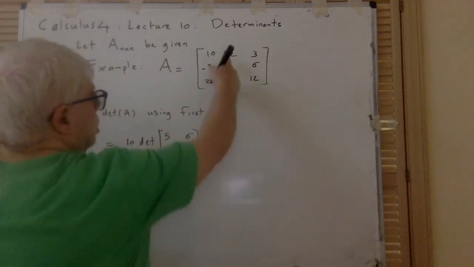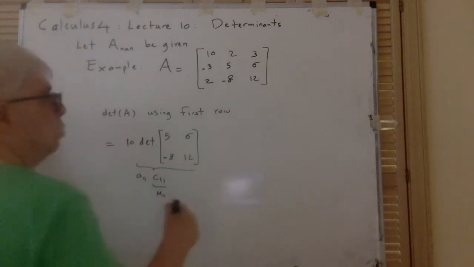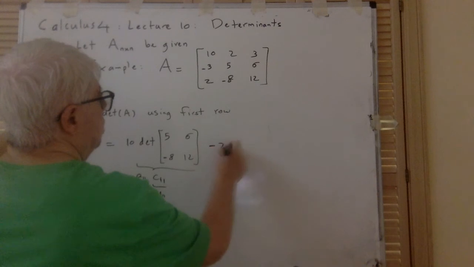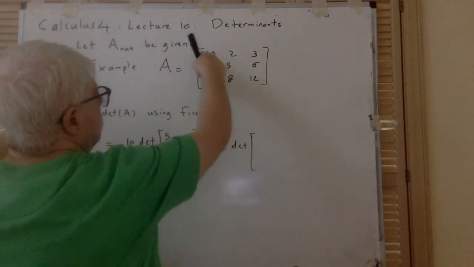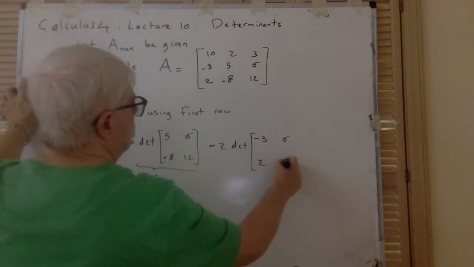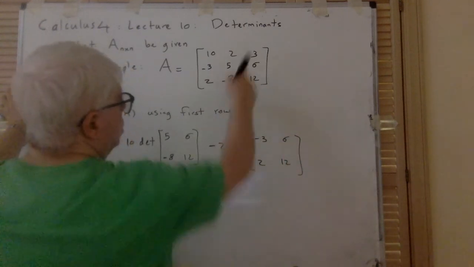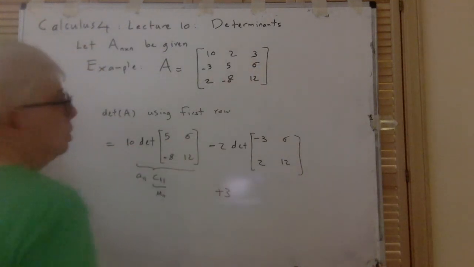The second one is C12. C12 is negative M12. So I will get negative 2 times determinant of, get rid of this and this, I will get minus 3, 6, 2, and 12. The third one is plus again. C13 equals M13.